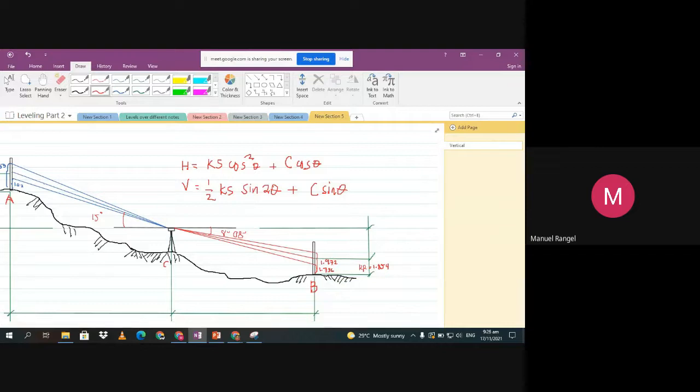Okay. So, kinilang duha ka formula ato ang ganiton.